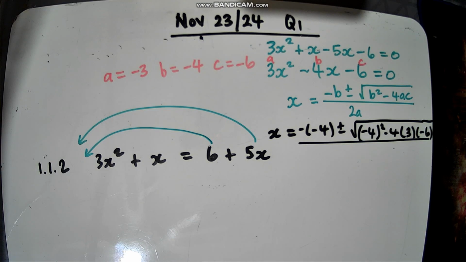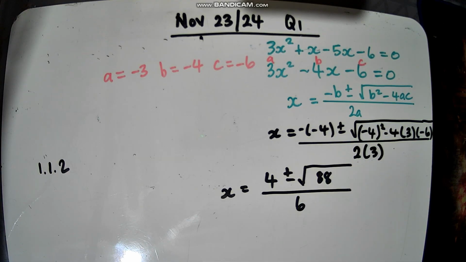In the denominator, we have 2a and a is equal to 3. Next would be to work out everything under the square root sign and write it in. So we'll get 88 under the square root sign. Then don't forget to use the positive number and then the negative number.